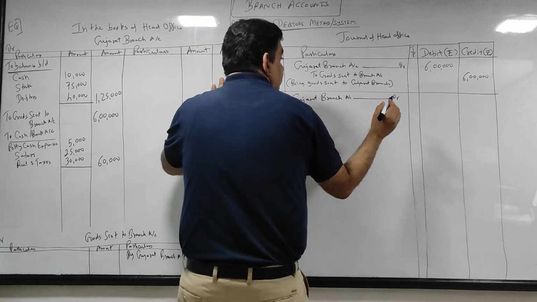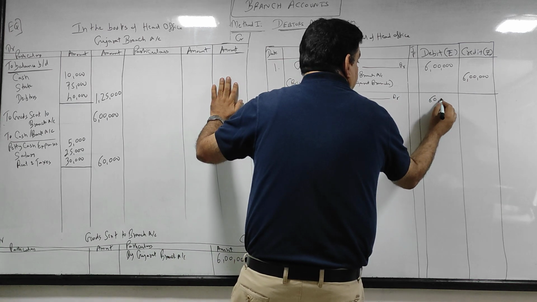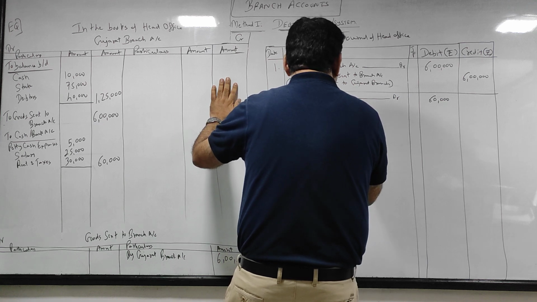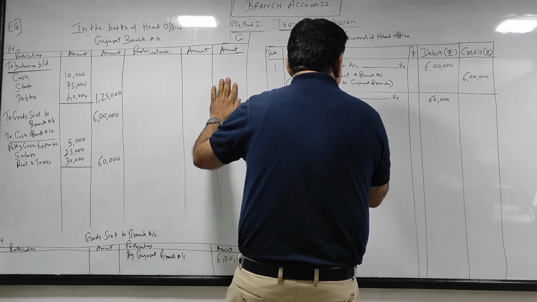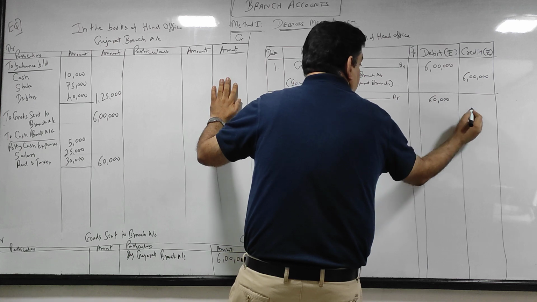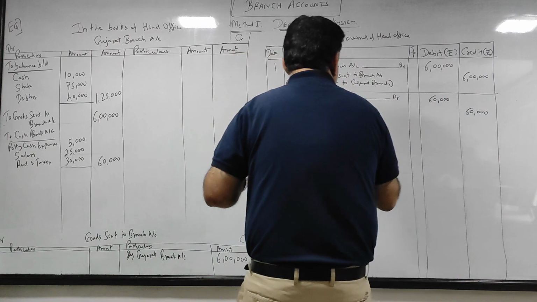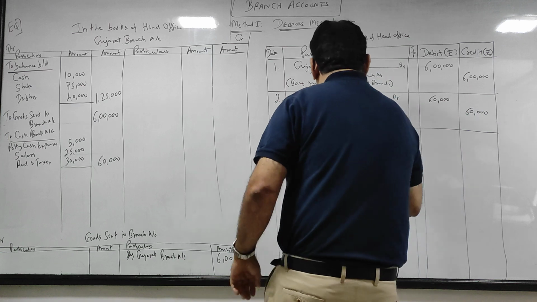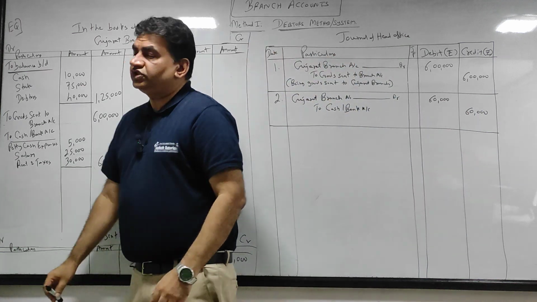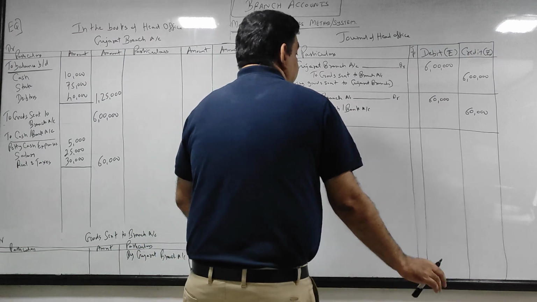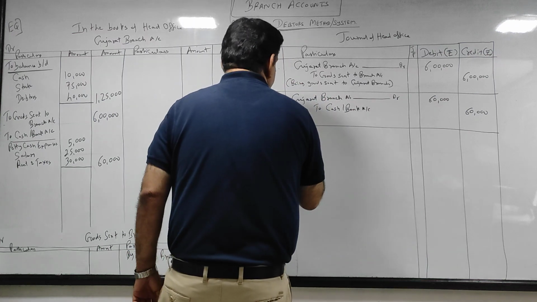Gujarat branch account debit 60,000 to cash bank account 60,000. Gujarat branch account debit 60,000 to cash bank 60,000.